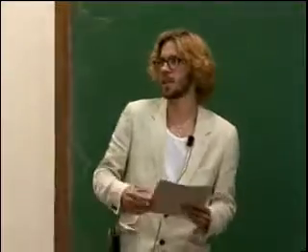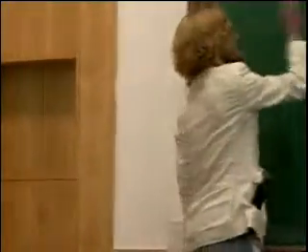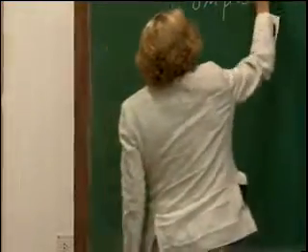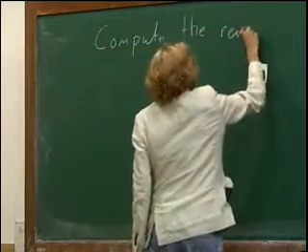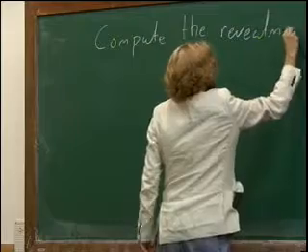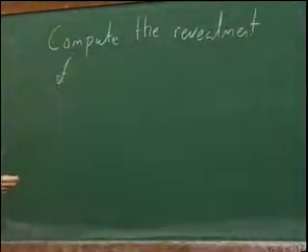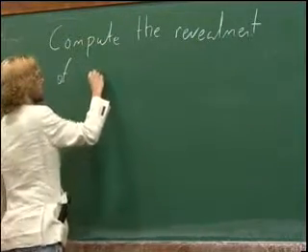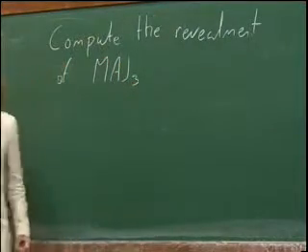So today's first exercise will be basically a check that we all have understood the same definitions. The first exercise reads, compute the revealment of the majority function on 3 bits.